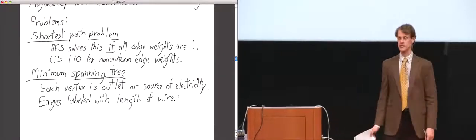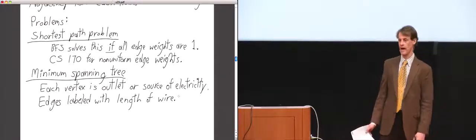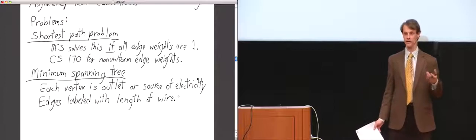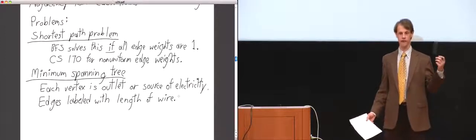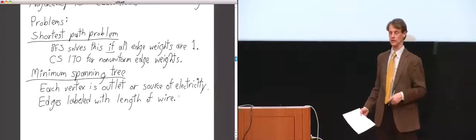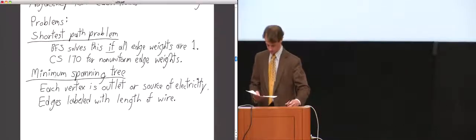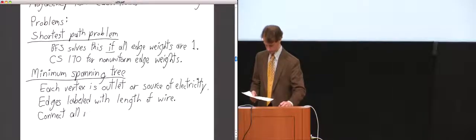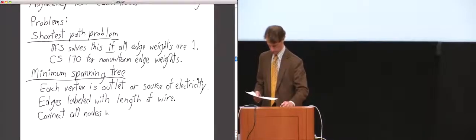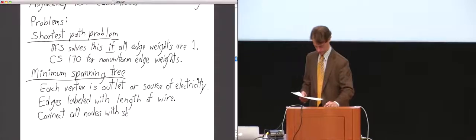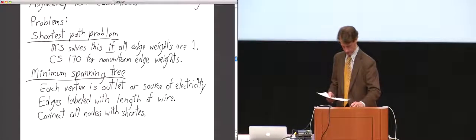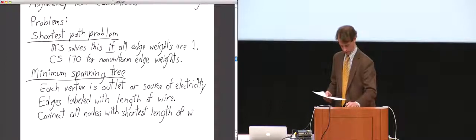And copper wiring is expensive, so maybe we'd like to ask, how can we connect everything together so that there's always one path from any node to any other node in the graph, but we use as little wire as possible? And that is our goal.